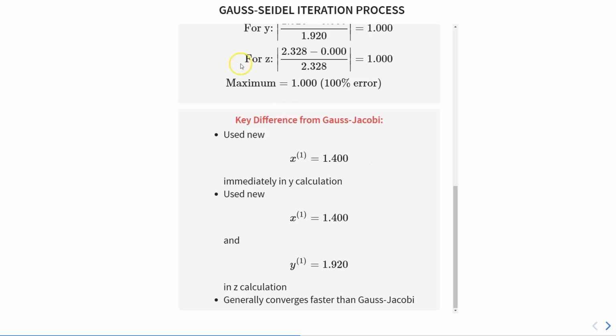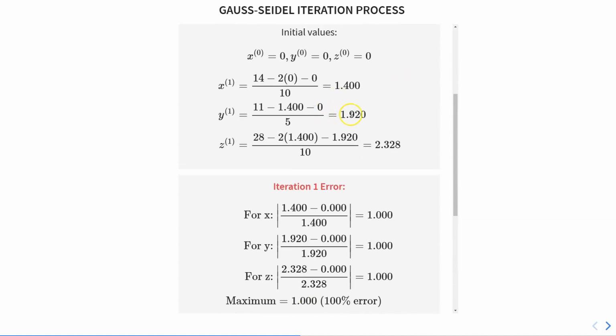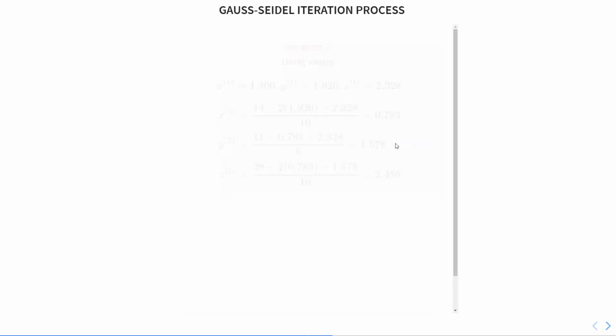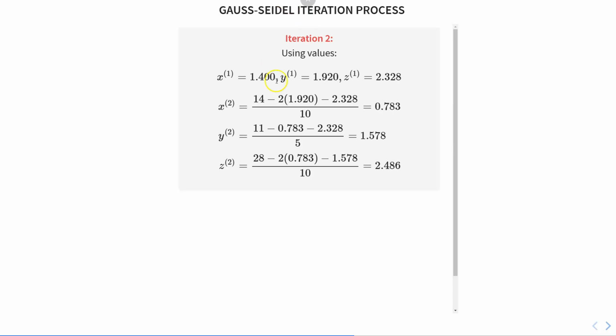So after the first iteration we have x1 is 1.4, y1 is 1.920 and z1 is 2.328. Then I will go to the second iteration. Using those values, again we calculate x2, which is 0.783.